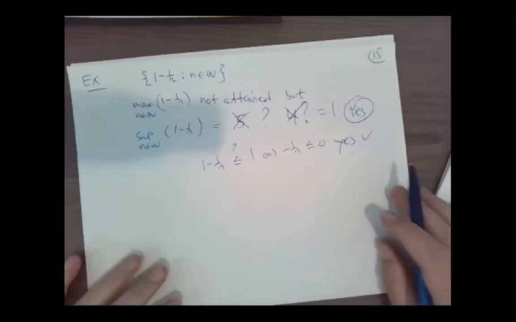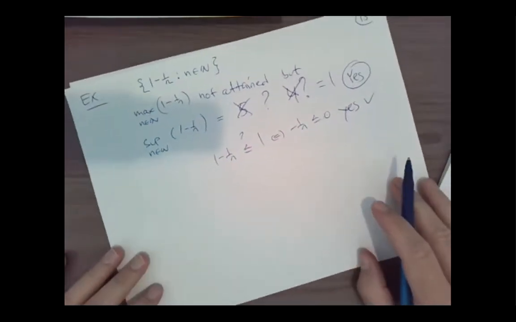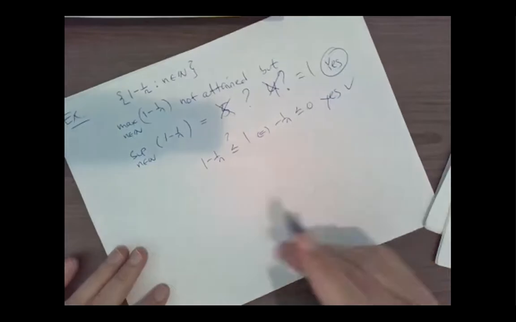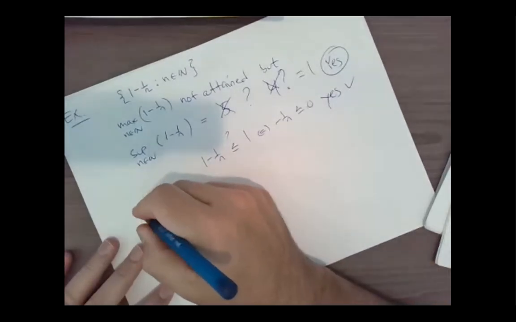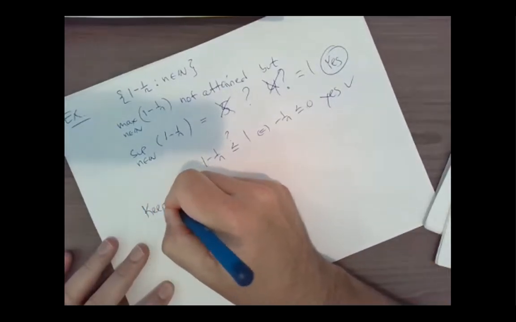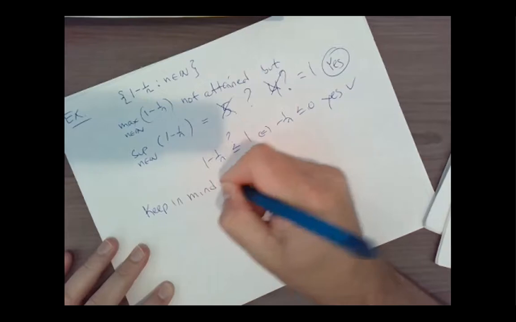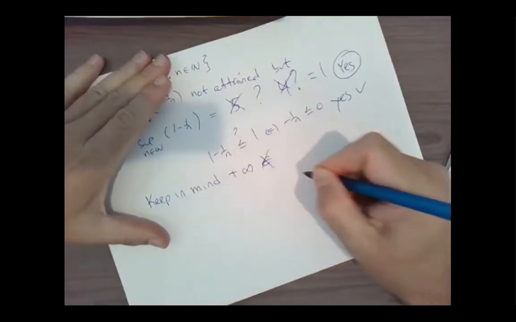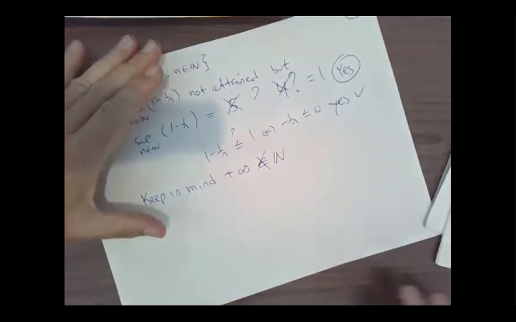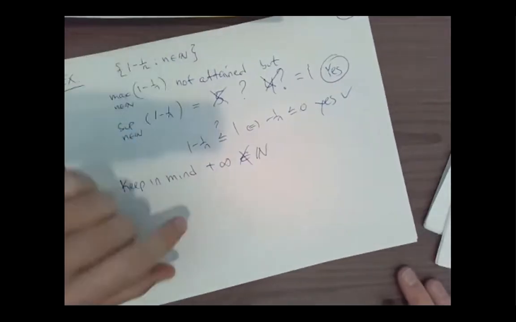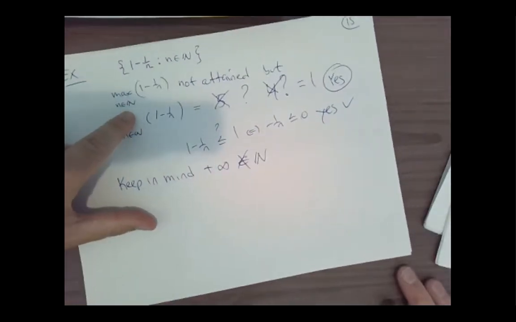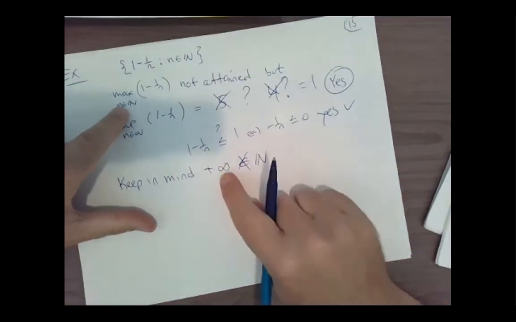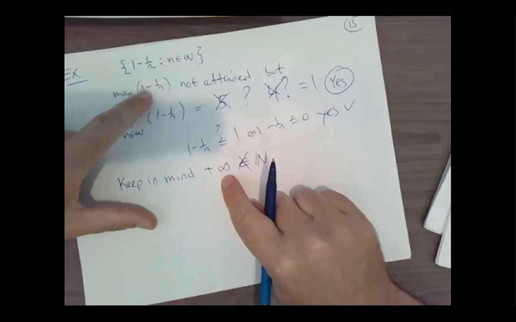Sometimes when we talk about supremum and situations like this, it's important to keep in mind that plus infinity does not belong to the natural numbers. It's not possible to take n here to be plus infinity and stick it into this formula.